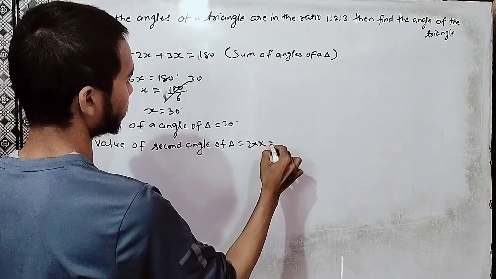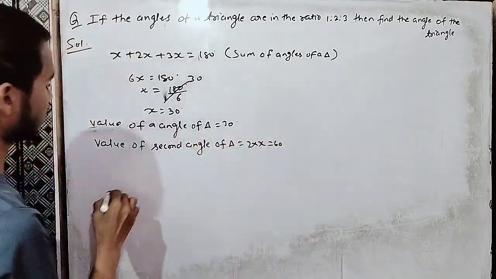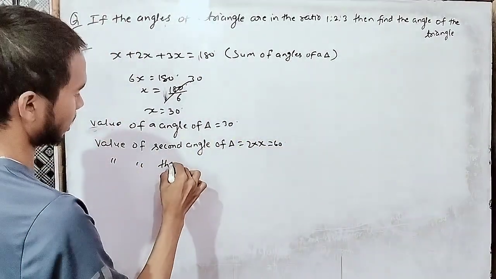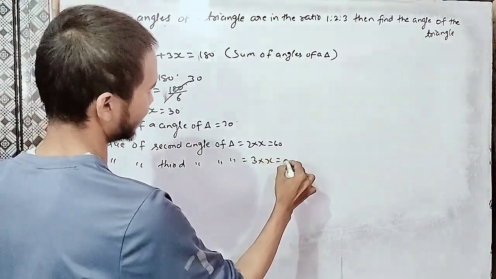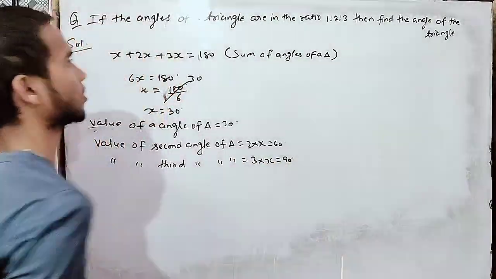Multiply by x, 60. Similarly, the third angle, you multiply by x, which is 90.